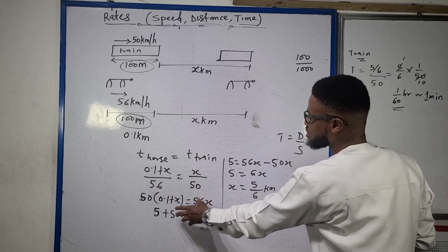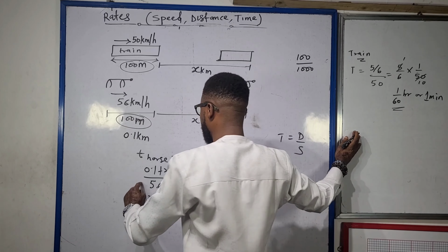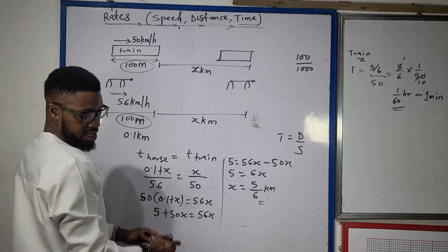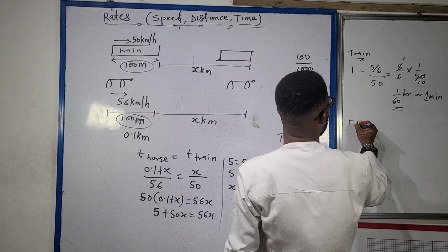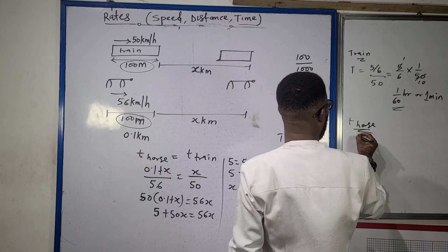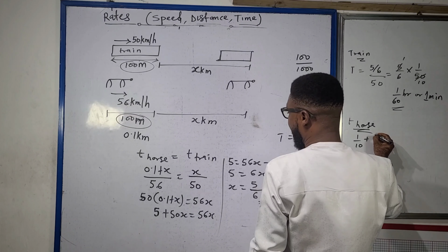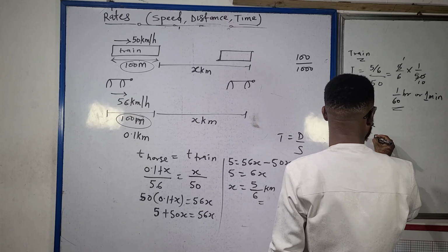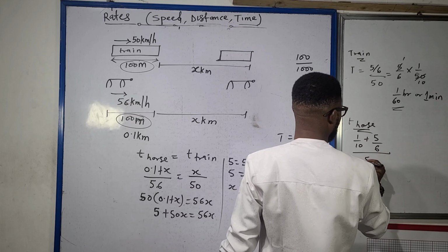If you decide to use the timing for the horse, the timing for the horse in this case is 0.1 plus x, all over 56. 0.1 means 1 over 10 plus x, which is 5 over 6, all divided by 56.